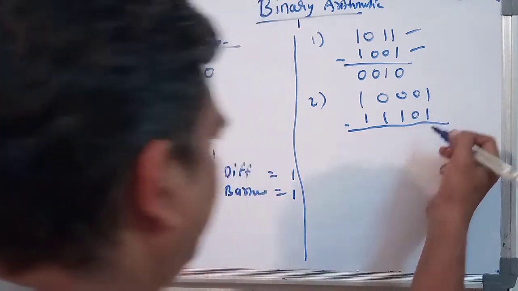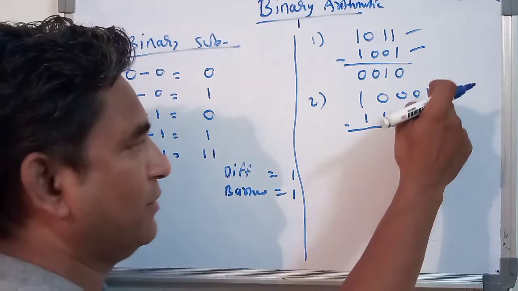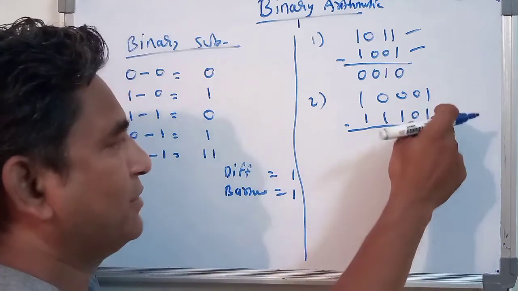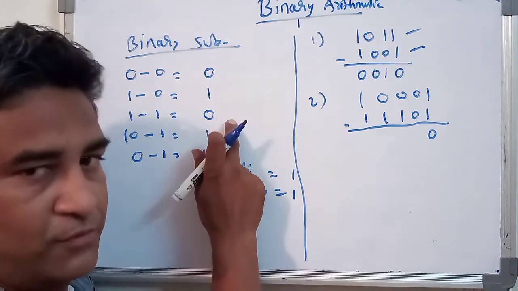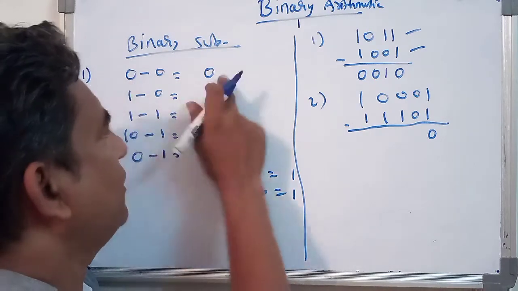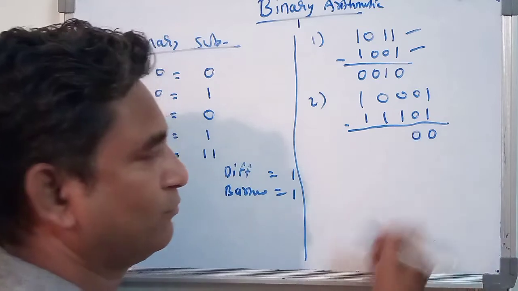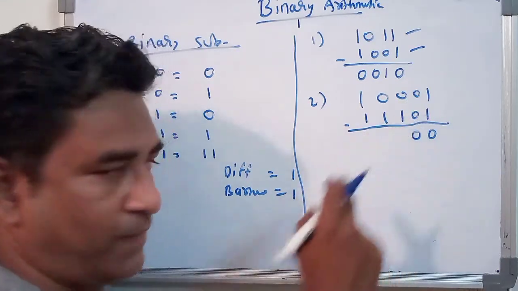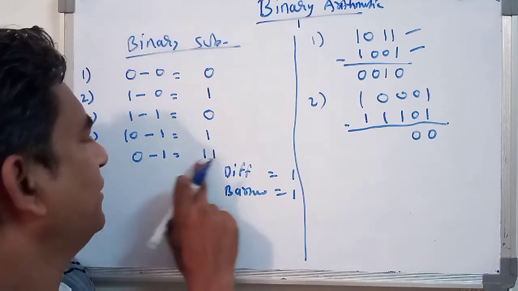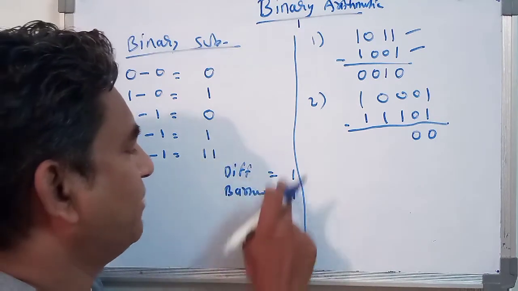Now from this particular thing, this 1 and 1, 1 minus 1, it is 0 from the certain rules. 0 minus 0, again you will be getting 0. Now here 0 minus 1, the answer is 1 1, the difference and borrow.